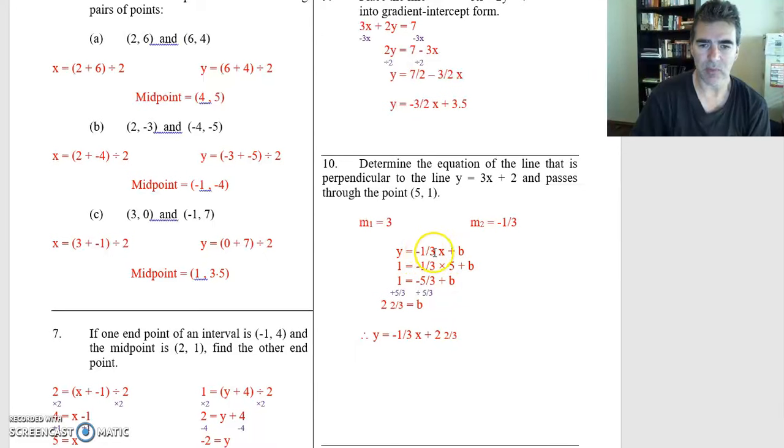So there's my perpendicular gradient. It goes through this point, so I substitute my x value of 5 into here, and my y value of 1 into here, and I solve that, and I get b is 2 2/3. So y equals -1/3 x plus 2 2/3.